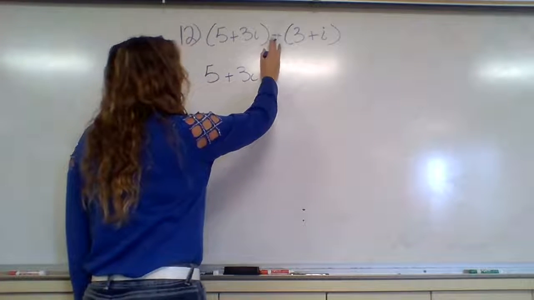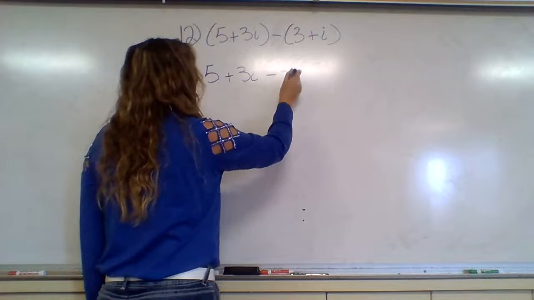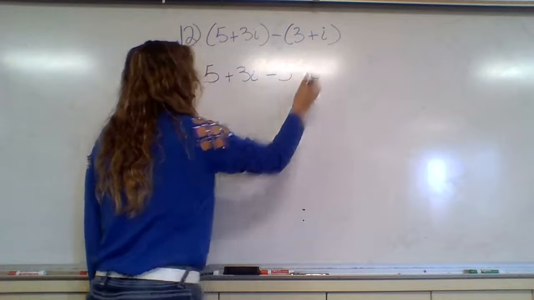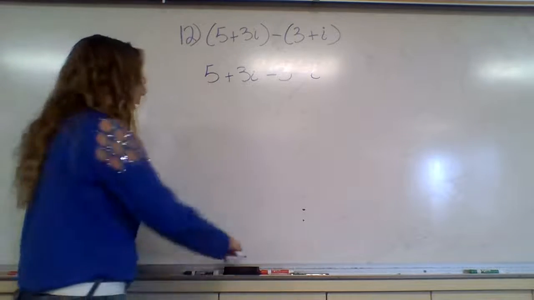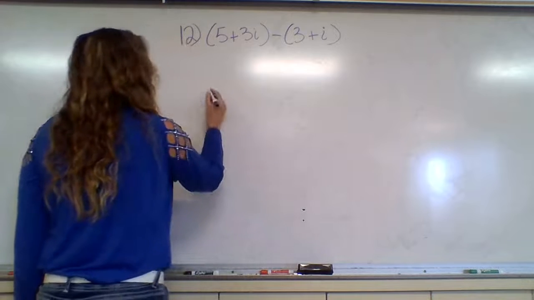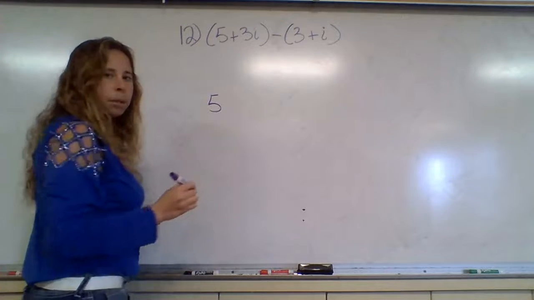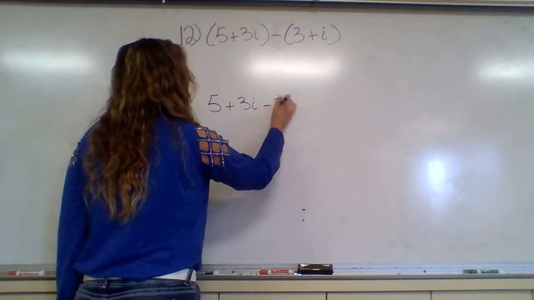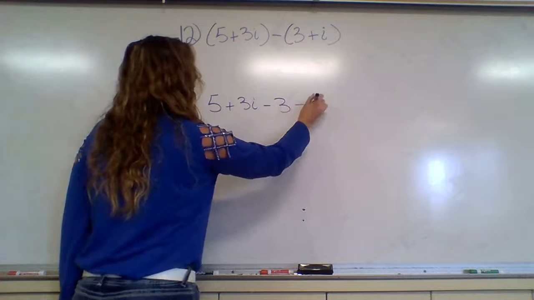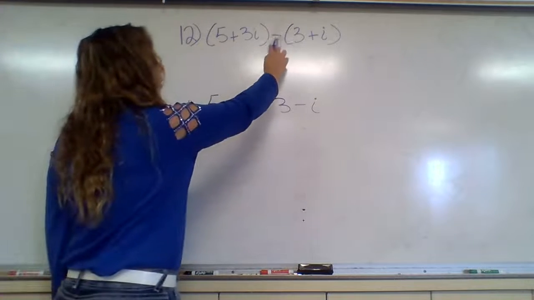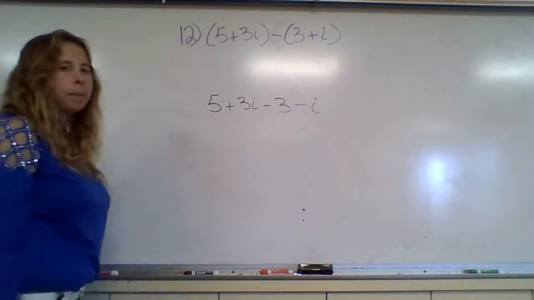So this becomes -3 and -i. 5 plus 3i minus 3 minus i.